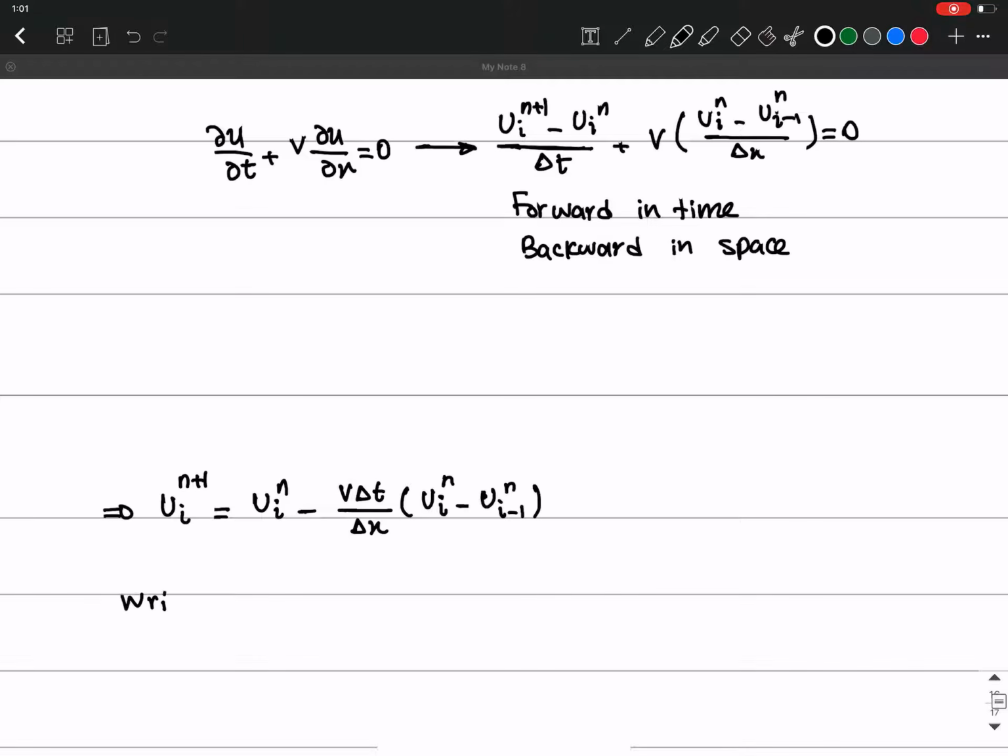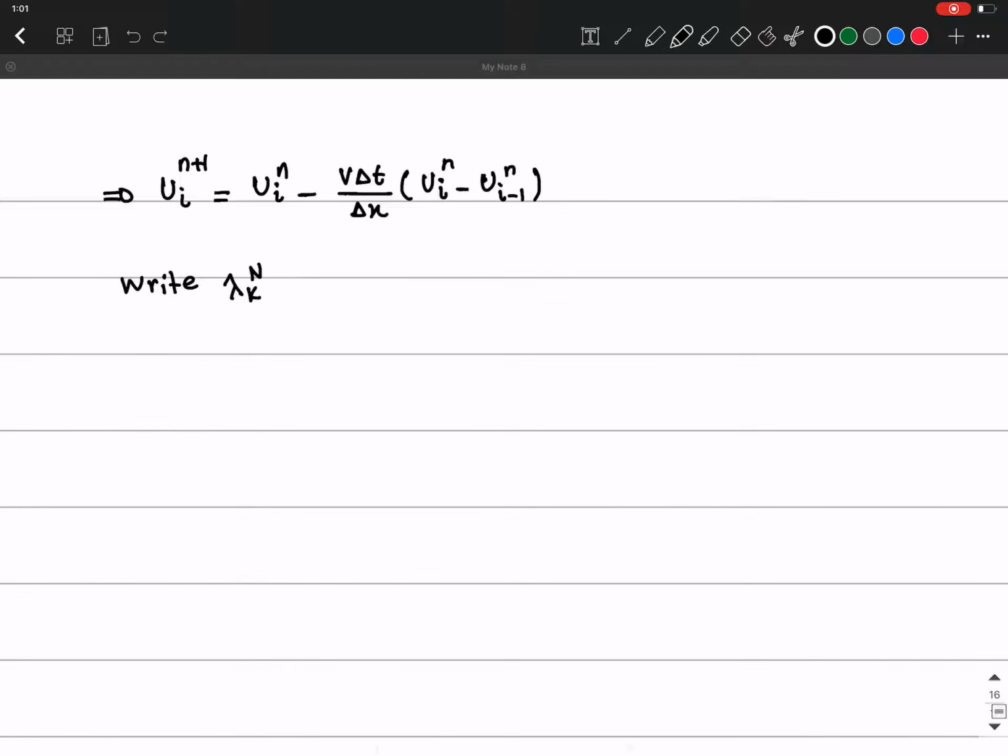And then we write lambda_k numerical, but before that I want to do something.